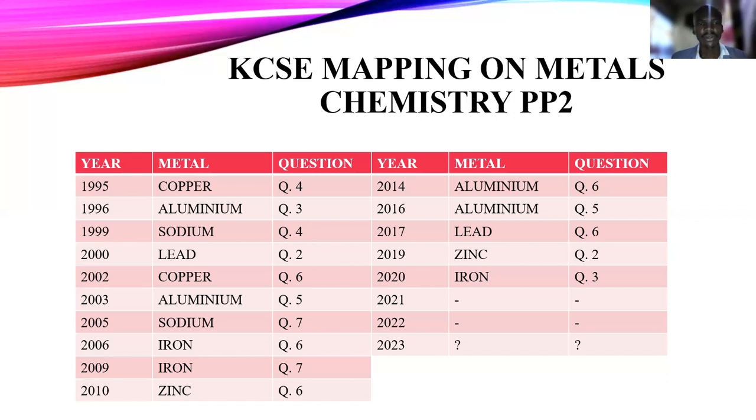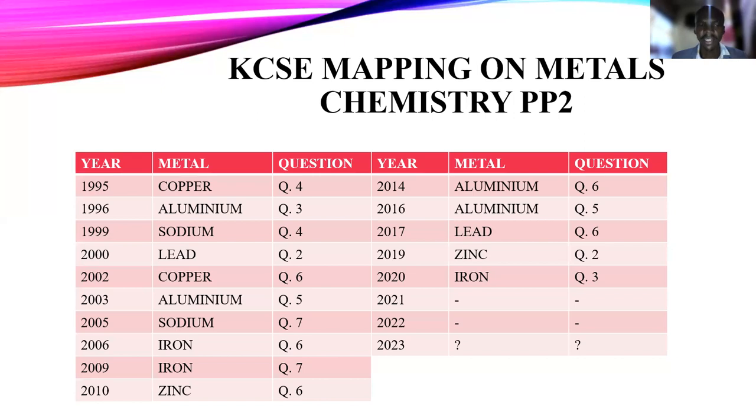In 2002, copper was tested again, in question 6. Aluminium in 2003 was retested in question 5. In 2005, sodium was retested in question 7. In 2006, a new metal was tested, that is iron, question 6.